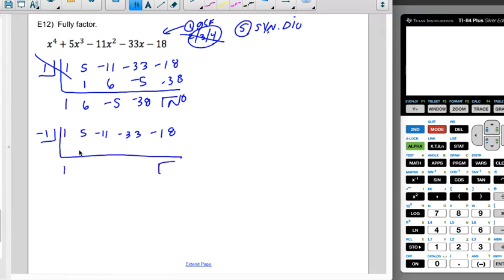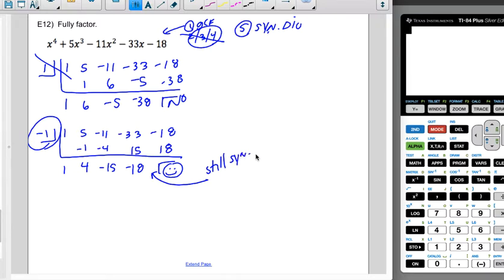So I drop the 1 down, I multiply, add straight down, multiply, add straight down, multiply, add straight down. Hey, we have a winner, right? So that one worked. Okay, so now here's the trick though. I definitely have a factor that works, but this thing here is still going to need synthetic division.